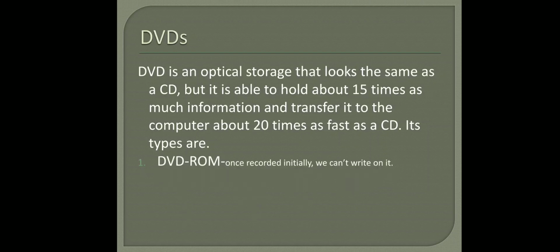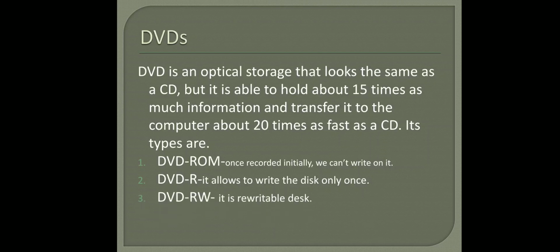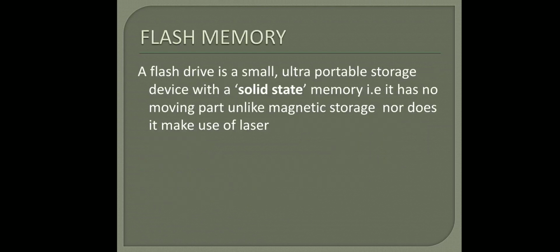Its design is the same, that's why I have not included any picture, and it has several types. DVD-ROM, once recorded initially we can't write on it. DVD-R, write only once. DVD-RW, rewritable, it can be rewritten, it can be erased.